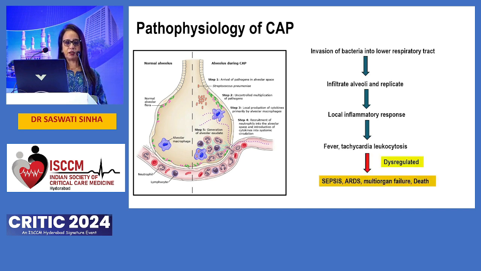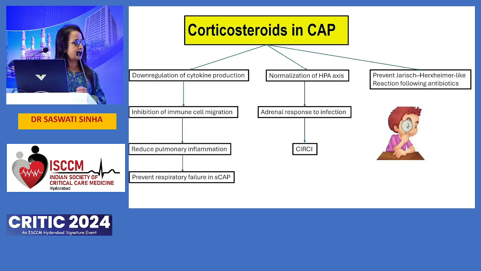The problem happens when this inflammation becomes dysregulated and a community-acquired pneumonia can progress to sepsis, ARDS, multi-organ failure, and death. And this is the main challenge why we need something more than just supportive care and antibiotics to deal with this major problem.